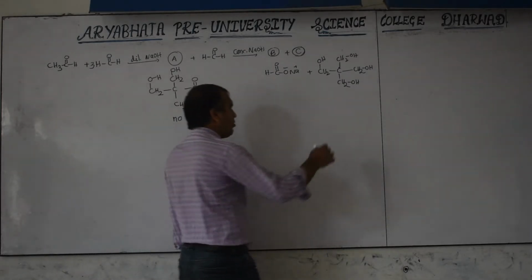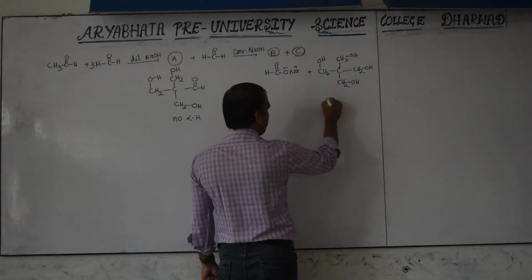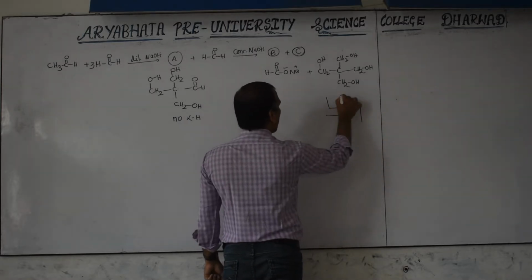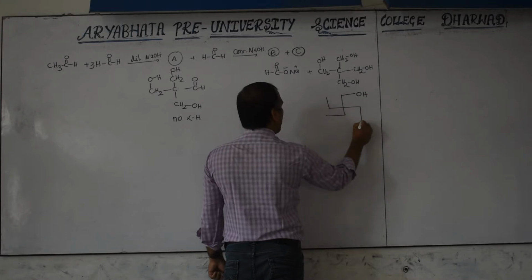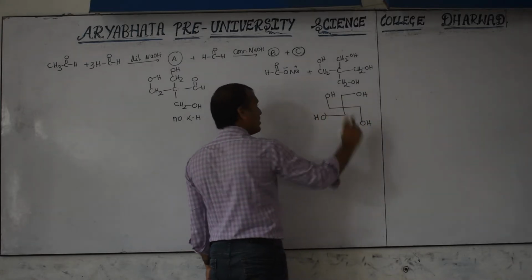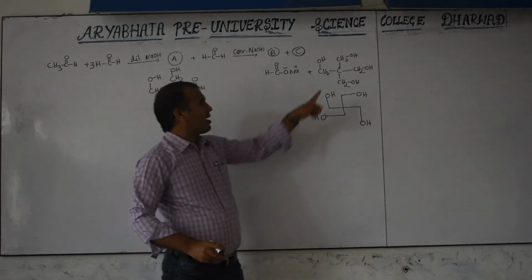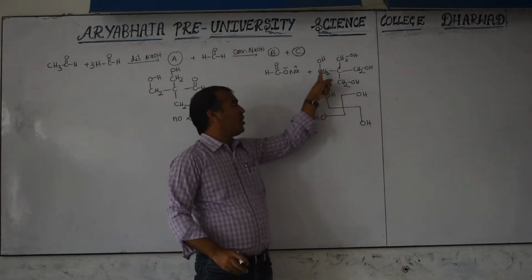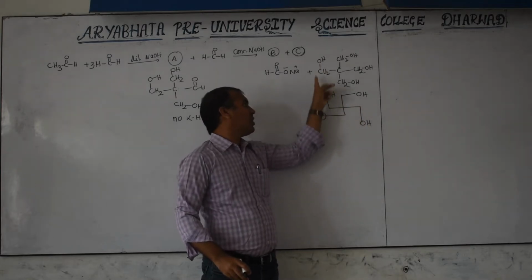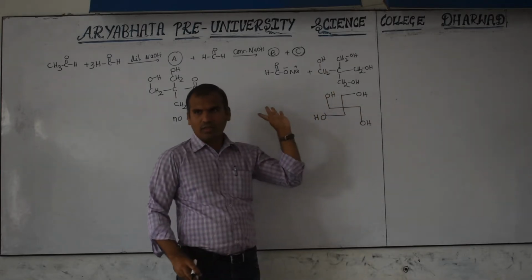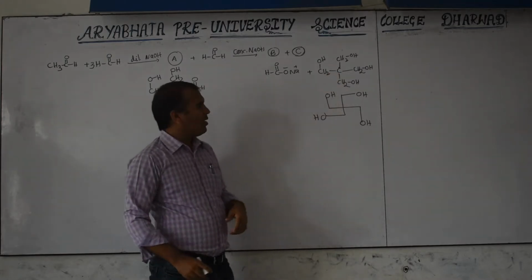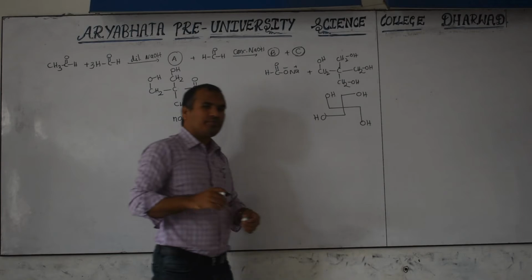In books it is represented like this. You know very well, it is represented like this: a carbon bonded with 1, 2, 3, 4 carbons, each with OH. This is the bond line representation, and this is the normal formula. This is the product.